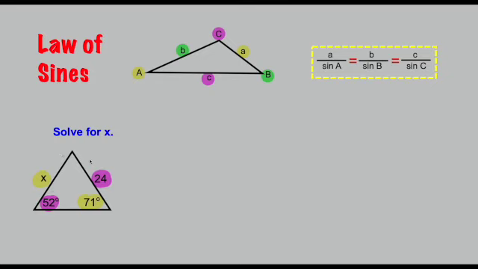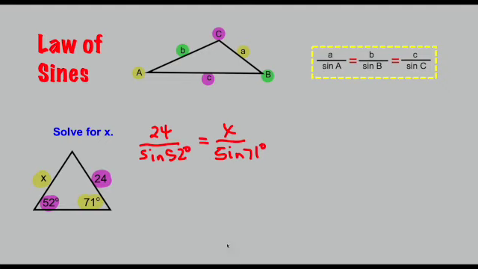So I have this triangle over here, and you'll notice we have 52 degrees and 71 degrees. The sides across from each respectively are, across from 52 is 24, and across from 71 is x. So then we can simply write out two common ratios. So we can say 24 over sine of 52 degrees will equal x over sine 71 degrees.